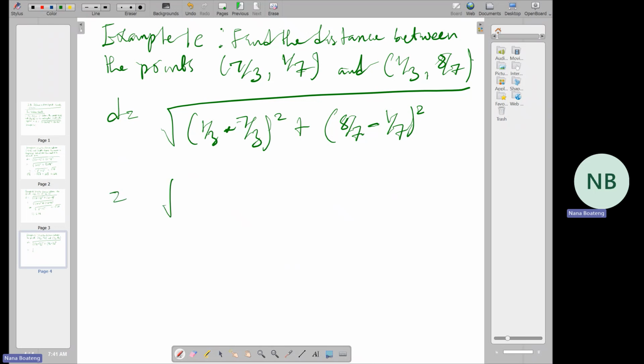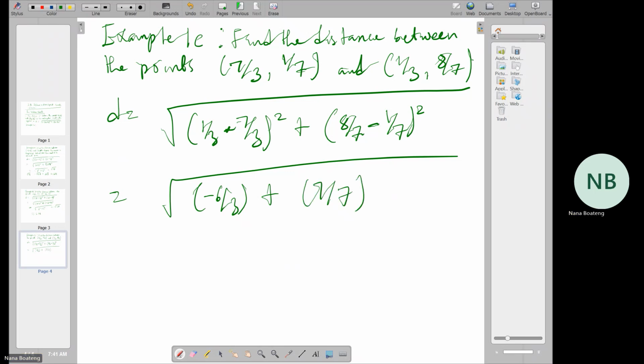This equals the square root of (1/3 minus 7/3, which is negative 6/3) plus (8/7 minus 1/7, which is 7/7). So negative 6 divided by 3 is negative 2, squared, plus 7 divided by 7 is 1, squared.